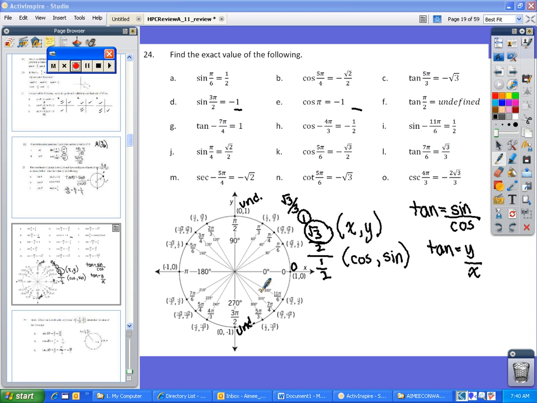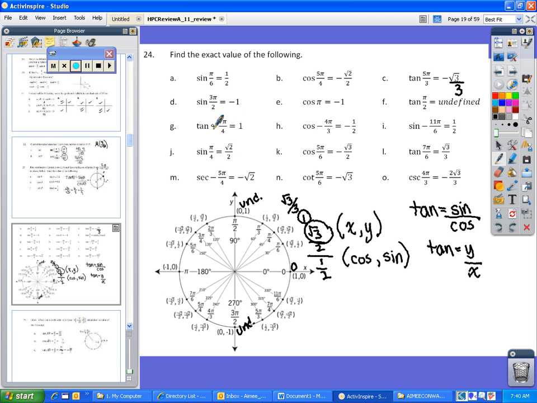Since my reference angle is 60 degrees, if I look at the 60-degree angle in my first quadrant, I will notice my tan value is root 3 over 3. So my tan value of 5 pi over 3 is negative root 3 over 3. Okay? So that's what you're going to do for all of these.